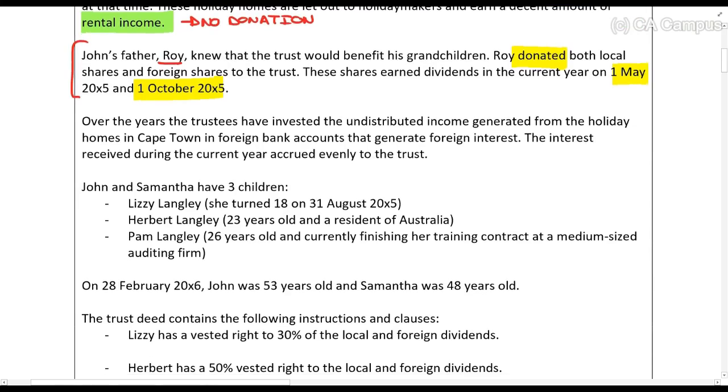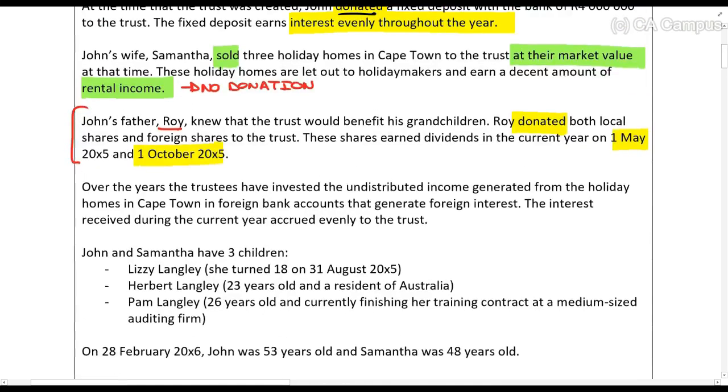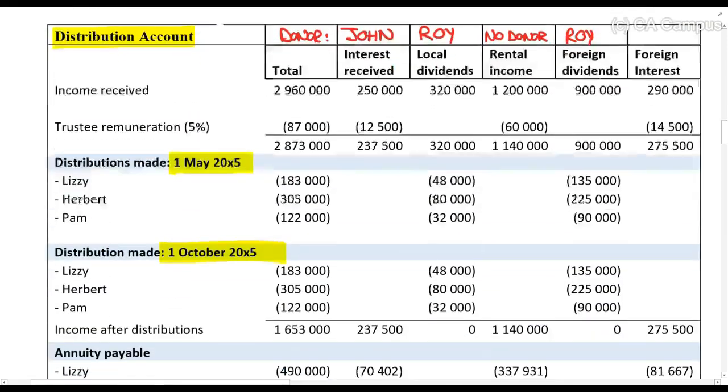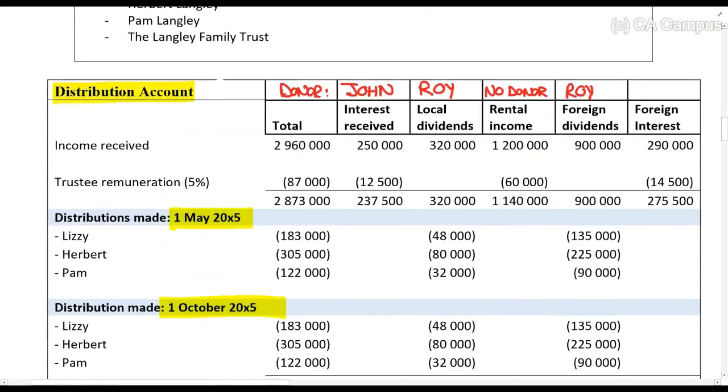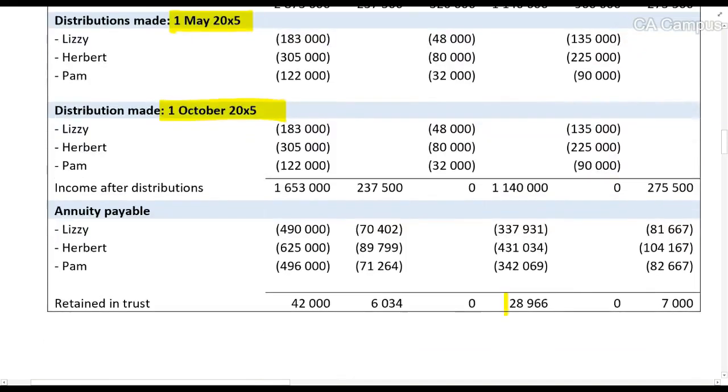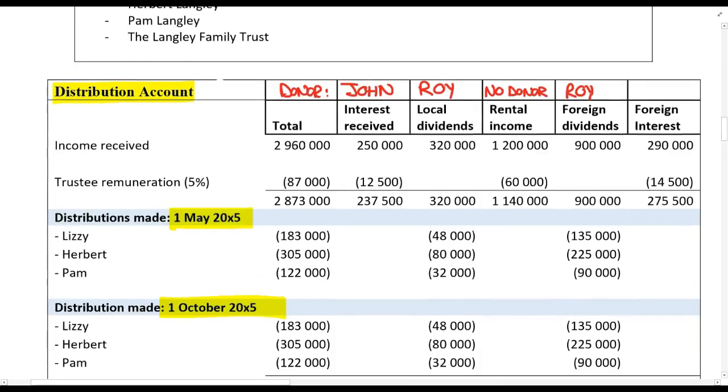Over the years, the trustees have invested the undistributed income generated from the holiday homes. So they're saying this holiday income here, any amount was not paid out, they've reinvested it in foreign bank accounts, and that generates foreign interest. And this interest was received during the year. So what I want you to see is if we look at this rental income over there, the amounts at the end of the year, they usually reinvest and they put it into foreign interest.